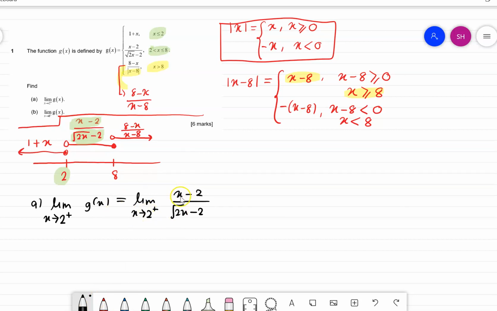When we substitute 2 inside this function, we get 0 over 0, which is an indeterminate form. So substitution fails. That means we need to multiply by its conjugate, because our function has a square root. The conjugate is 2 plus square root of x, the opposite sign, over 2 plus square root of x.